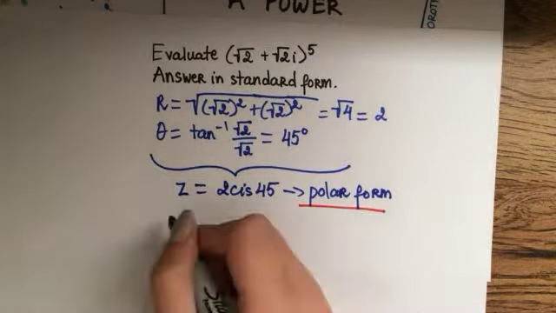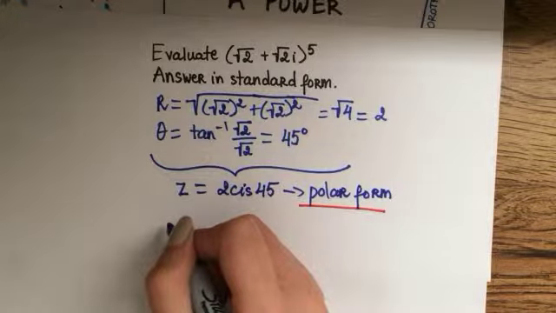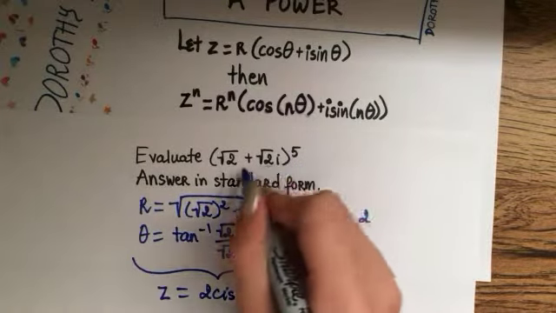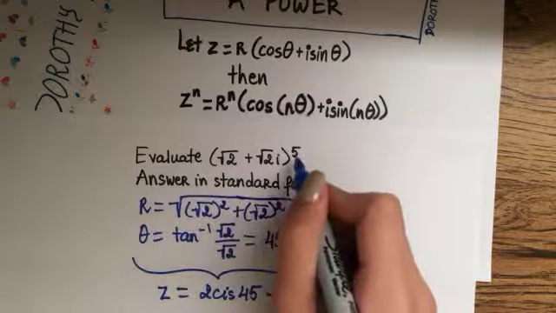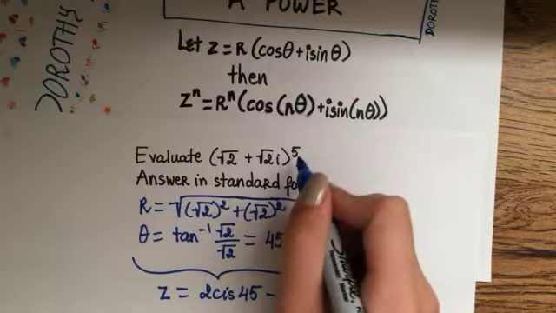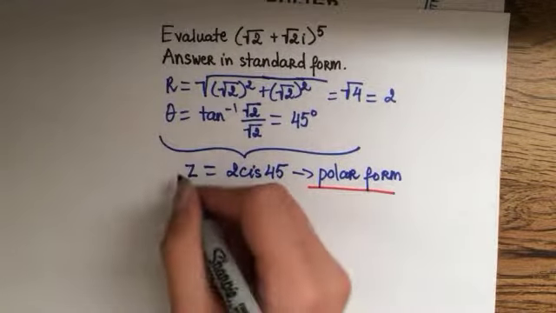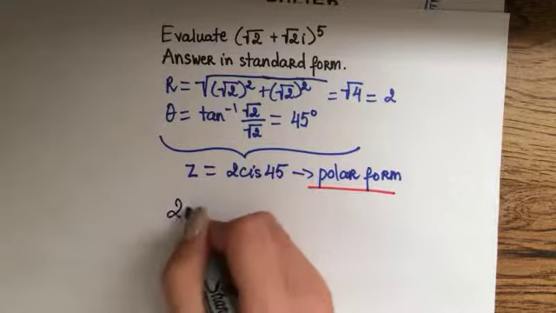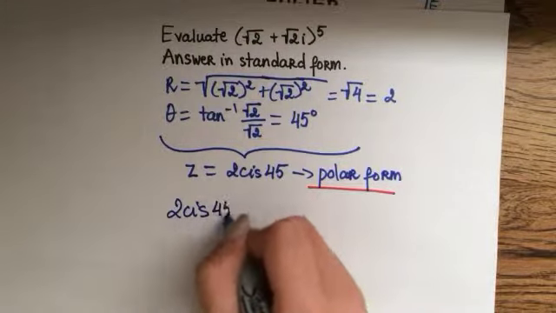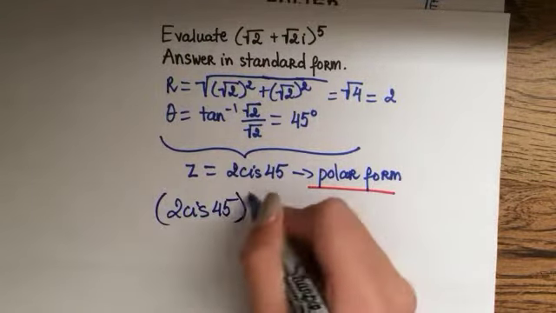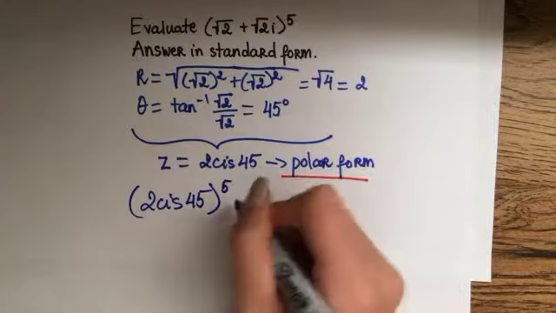Now you make it to the power of the fifth, because this is what your problem wants. So you take your formula, 2 cos 45, to the power of the fifth.